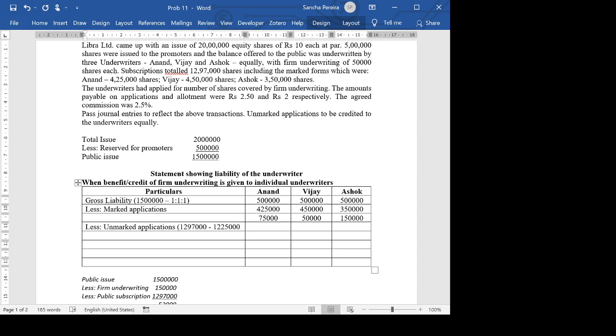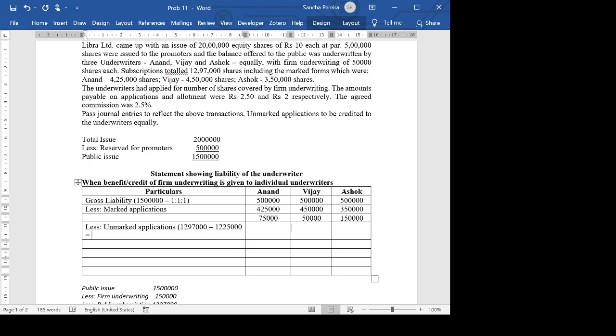So 12 lakhs 97,000 minus 12 lakhs 25,000 comes to 72,000, and they've given us clear instructions.